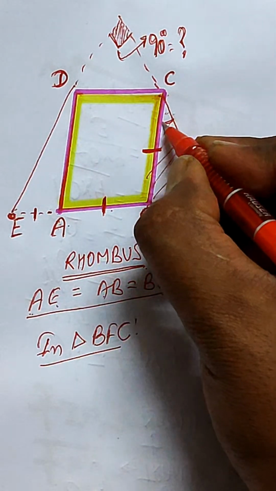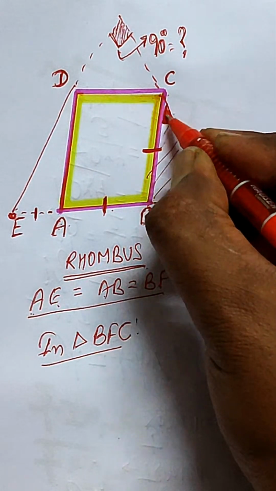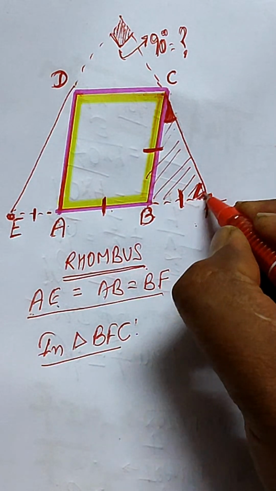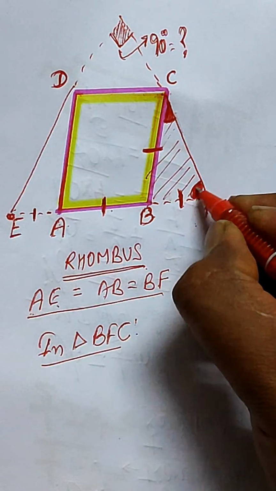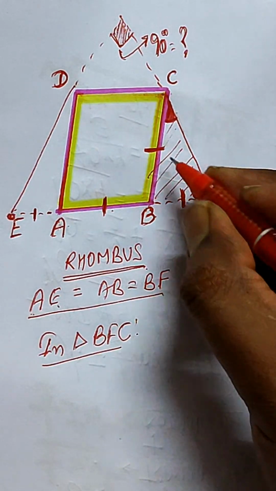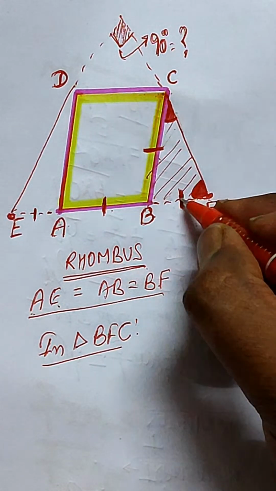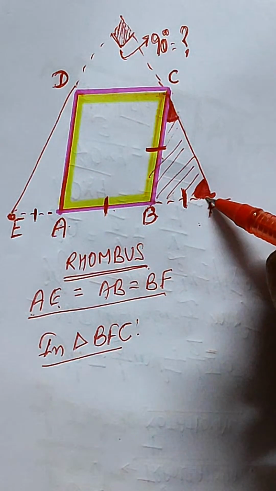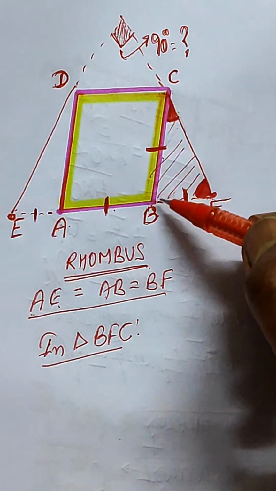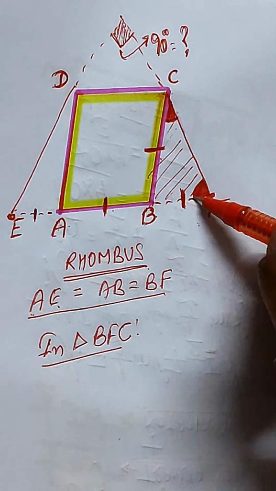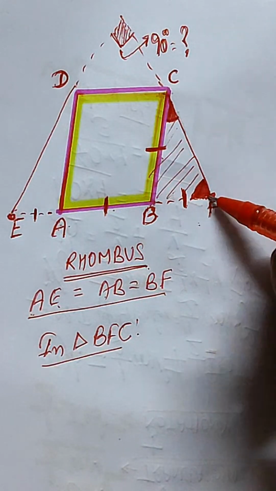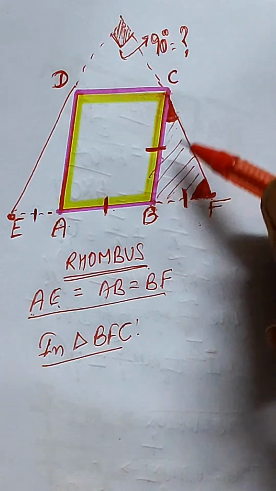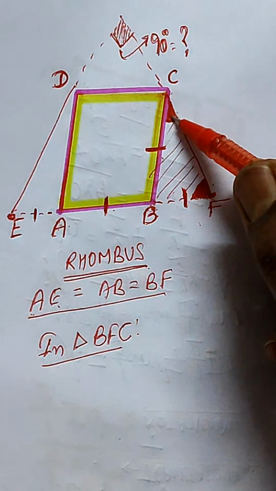That means this angle should be equal to this angle. Why? These are the angles opposite to the equal sides, right? And in this triangle we can say BC equal to BF. Therefore the angle opposite to BC is angle F, that is angle BFC, and the angle opposite to BF is angle C, that is angle BCF, and both of these angles are equal.